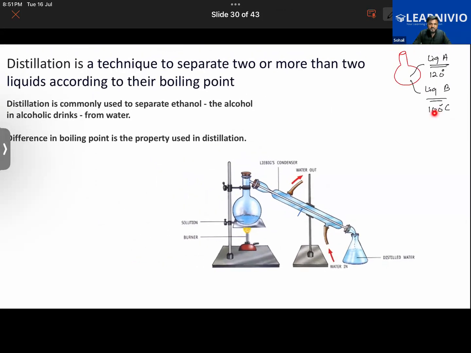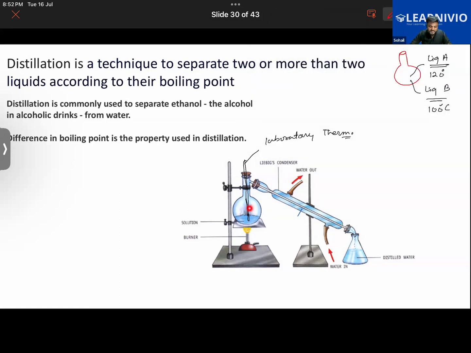We can measure the temperature of the mixture using a laboratory thermometer, which we have put inside this.